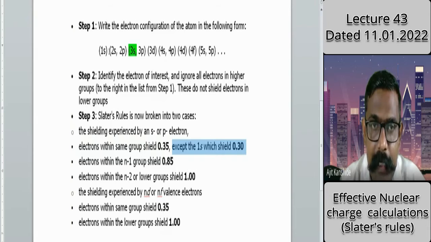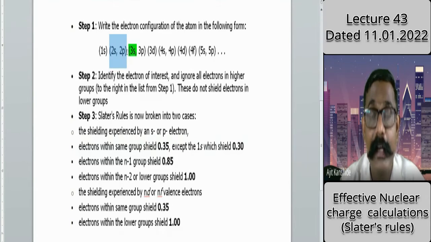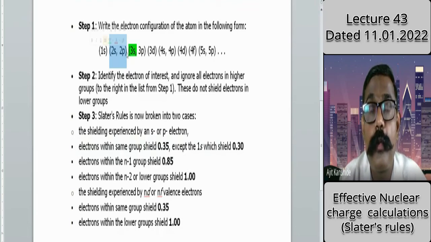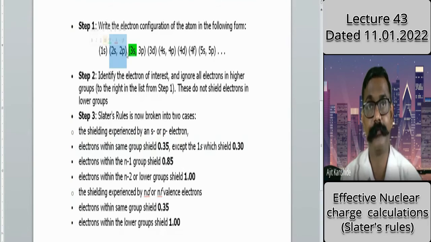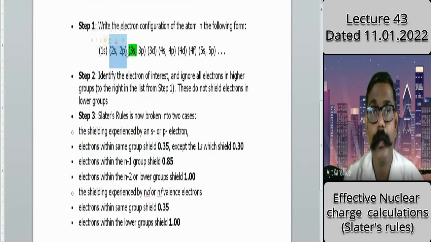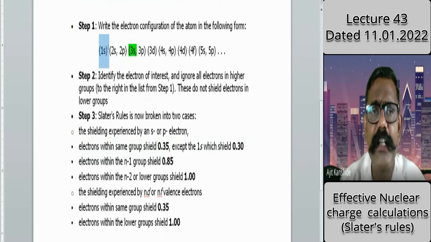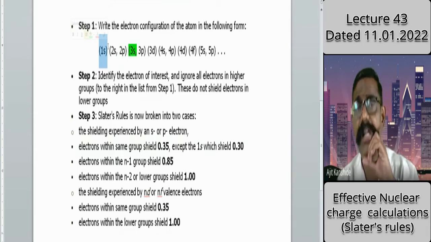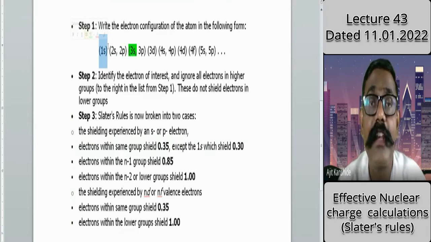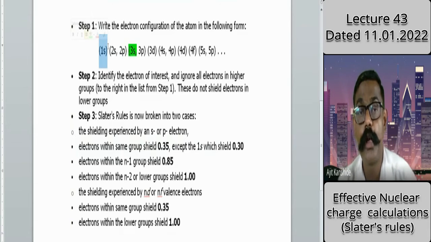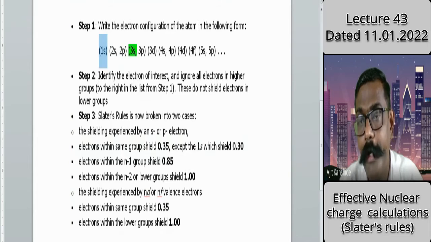Means if I consider an electron in 2s and 2p, then each neighboring electron present in that group has a contribution of 0.35. But suppose the electron under consideration is present in 1s, say hydrogen or helium, where outermost electrons are in 1s. In such cases, the neighboring electron will have a contribution of not 0.35, but 0.30.